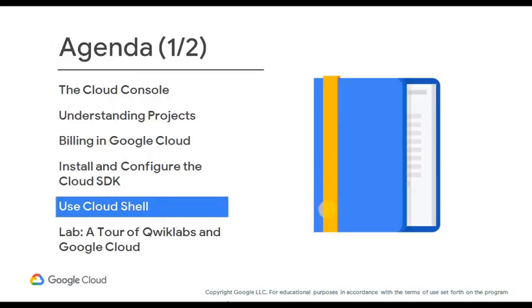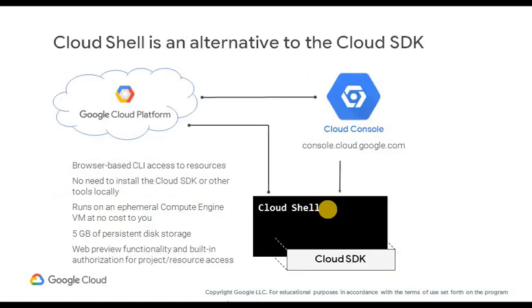The Cloud Shell allows a user to run the cloud command line without installing the Cloud SDK on a desktop. So in this topic we will learn how to utilize Cloud Shell. Using Cloud Shell you can manage your projects and resources easily without having to install the Cloud SDK or other tools locally.